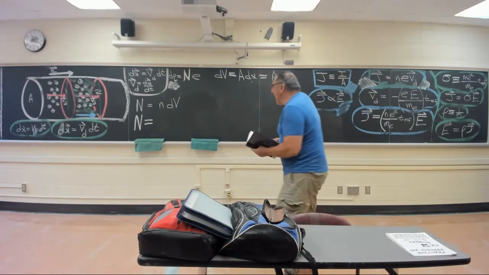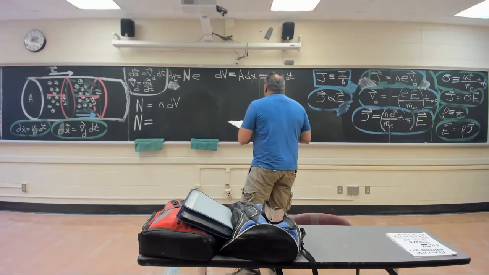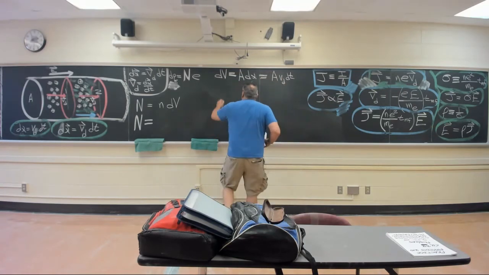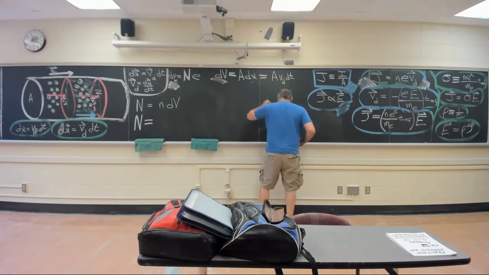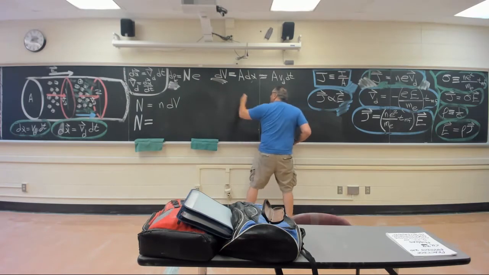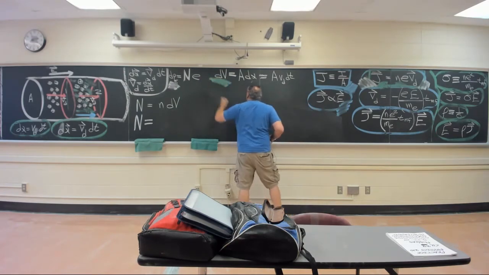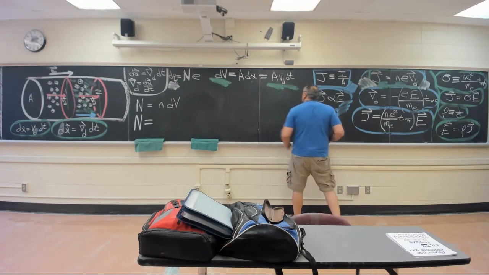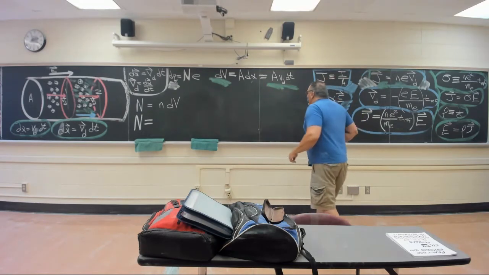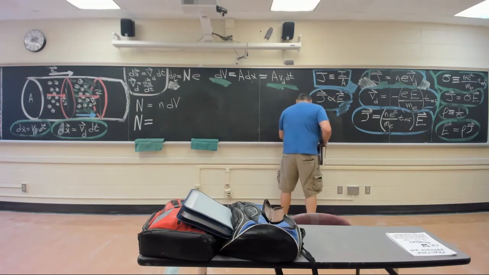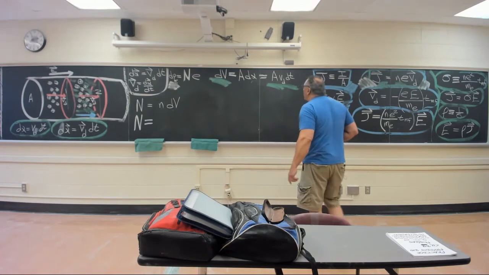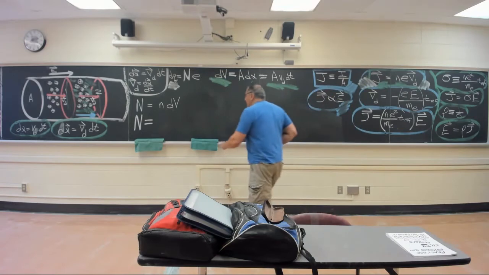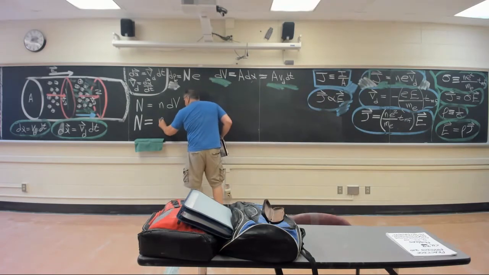Well, we've said a lot already. We've said this: the delta V is this. Sounds good to me. Here's the number density.